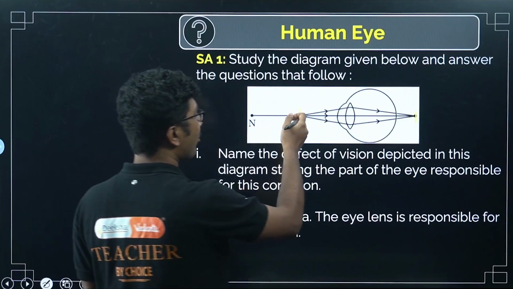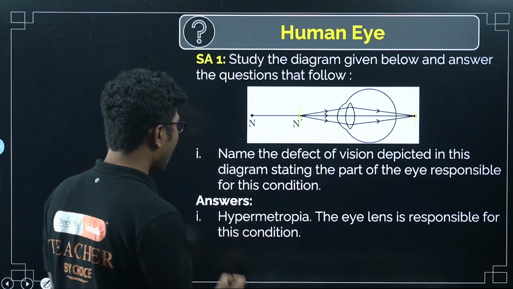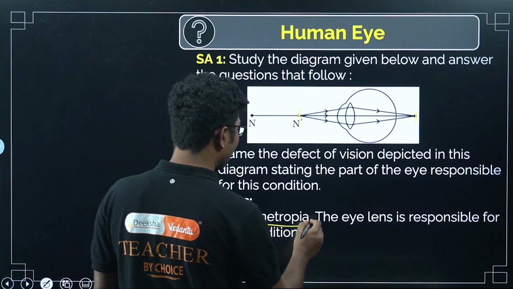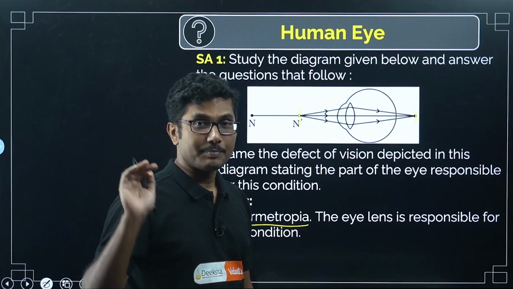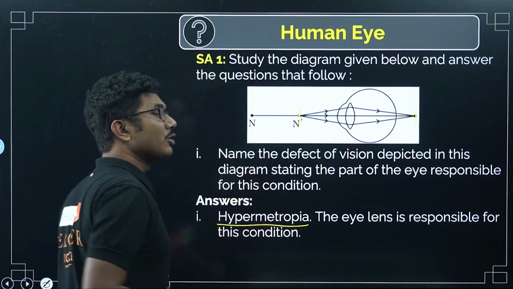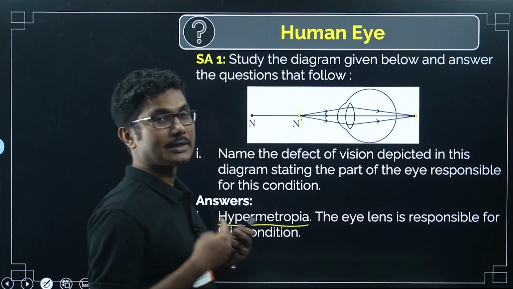That means its near point has shifted behind. So this is called hypermetropia. So the first MCQ, the question that I asked, what type of eye defect it was, that was actually hypermetropia, right? When hypermetropia happens, we cannot read any books or anything that is close to us.